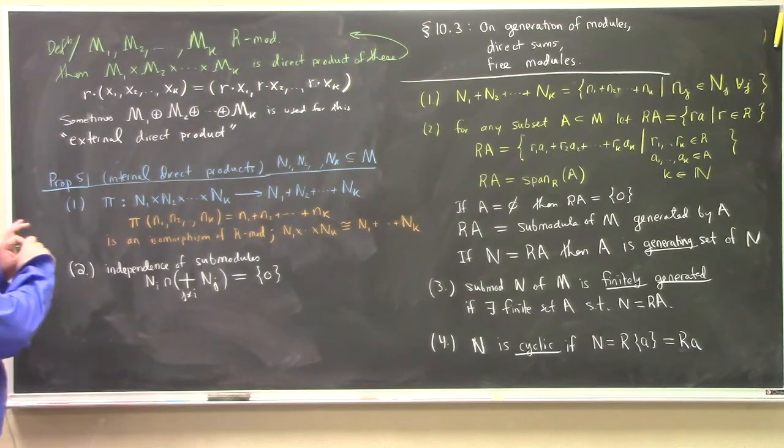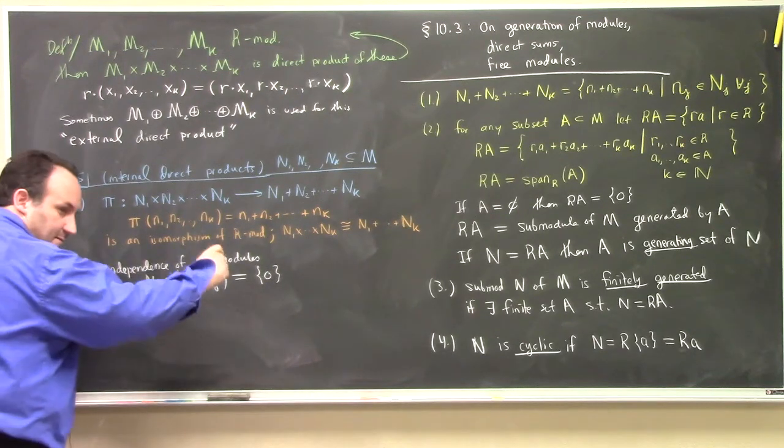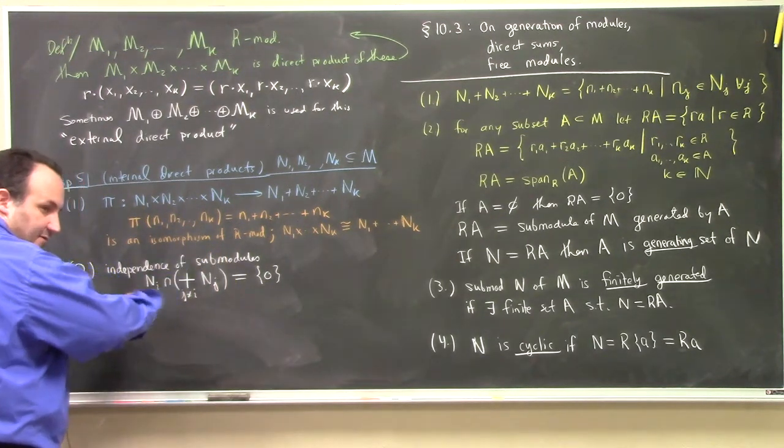So if you add everything except for the ith subspace together, and then intersect it with the ith one, you get 0.